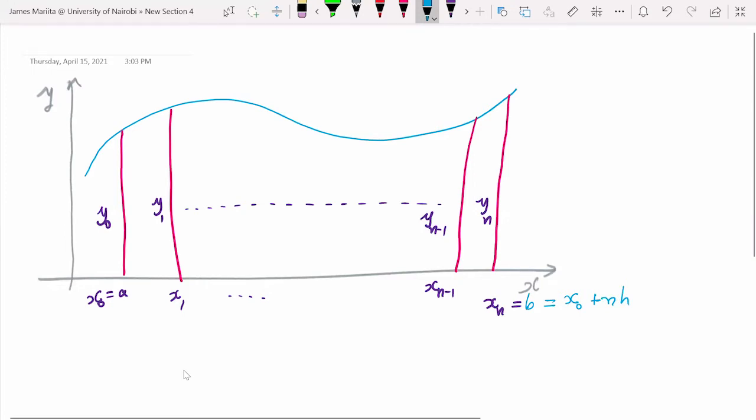So this is what I'm talking about. We start from the point x0 equal to a, then we subdivide into sub-intervals between the respective points. From x0 to x1 the difference is h, all the way up to xn, which is our b, because the limits of integration are between a and b.